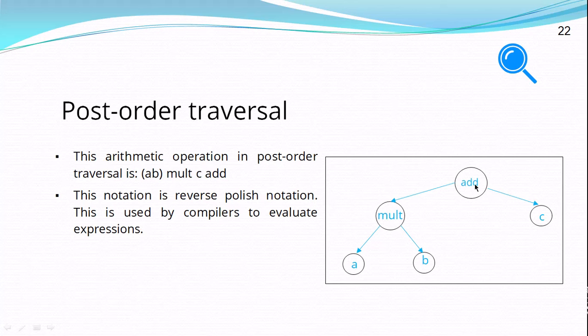So for example, what this tree tells me is that what I need to think about is to add this expression with that expression. And if you do a post-order traversal of this tree, you will actually get A, B, mult, C, and finally add.